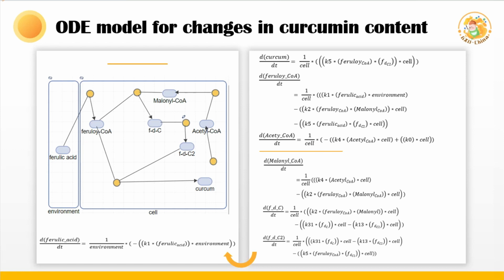The reaction rate defined in the model can be determined by consulting literature. The model can well provide the specific concentration of curcumin when the concentration of ferulic acid changes synchronously with the final concentration of curcumin. After integration, the specific concentration of curcumin can also be obtained.